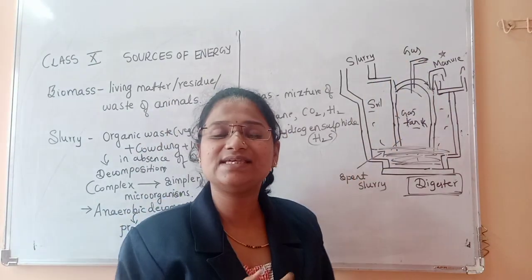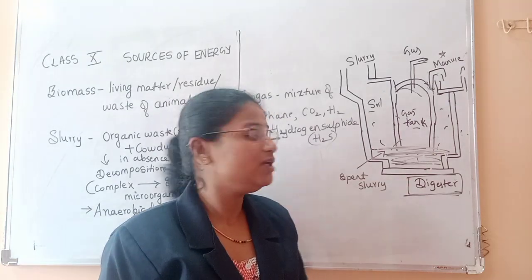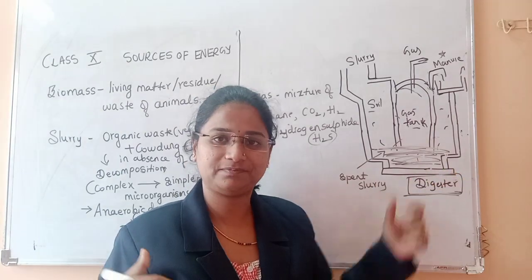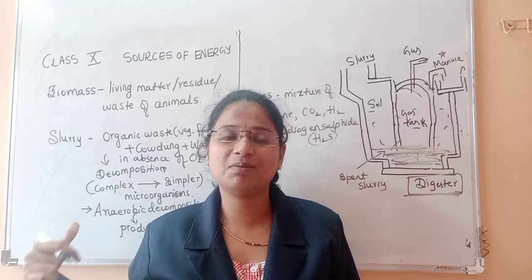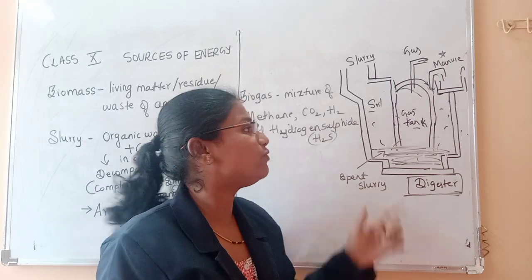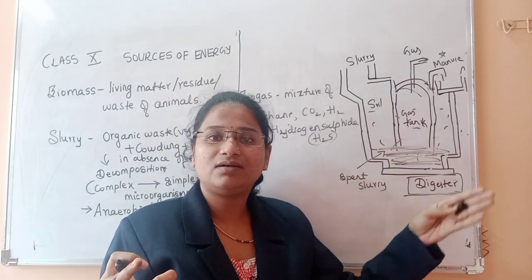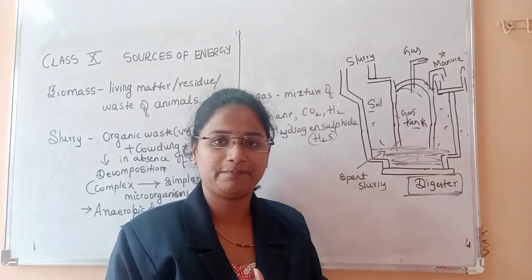That gas is used for cooking, for heating, etc. So this is called a biogas or gobar gas plant, in which we adopt the anaerobic decomposition process so that the smoke will be less, and whatever gas is produced can be used efficiently for cooking.